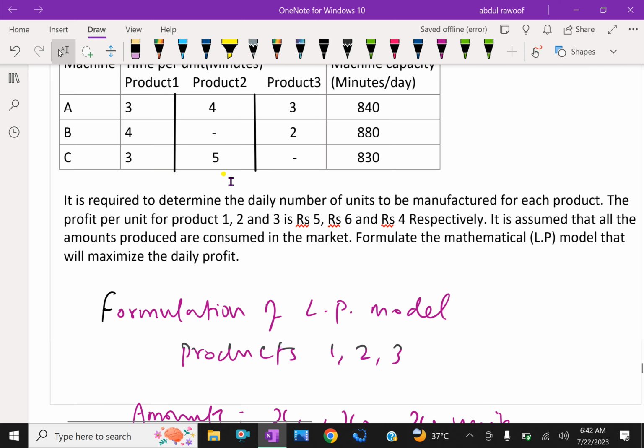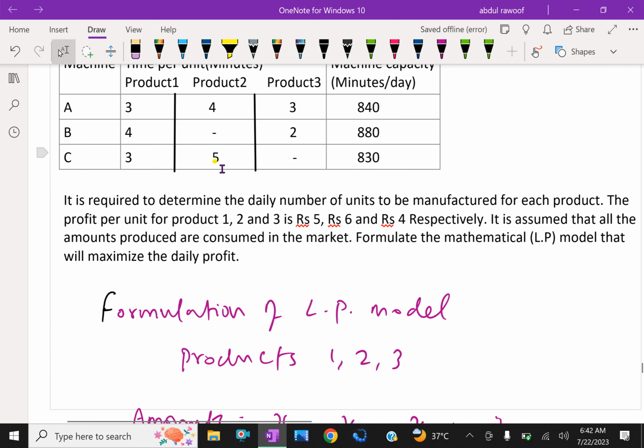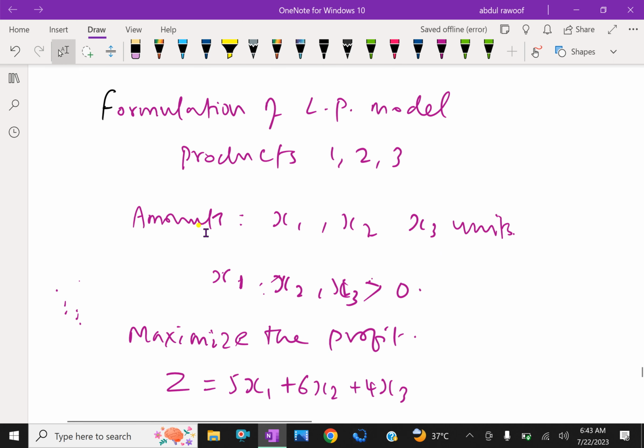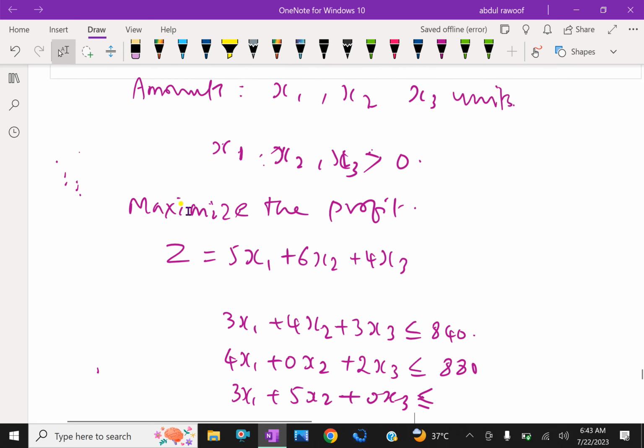Then the third constraint is 3x1 plus 5x2 plus 0x3 is less than or equal to 830.